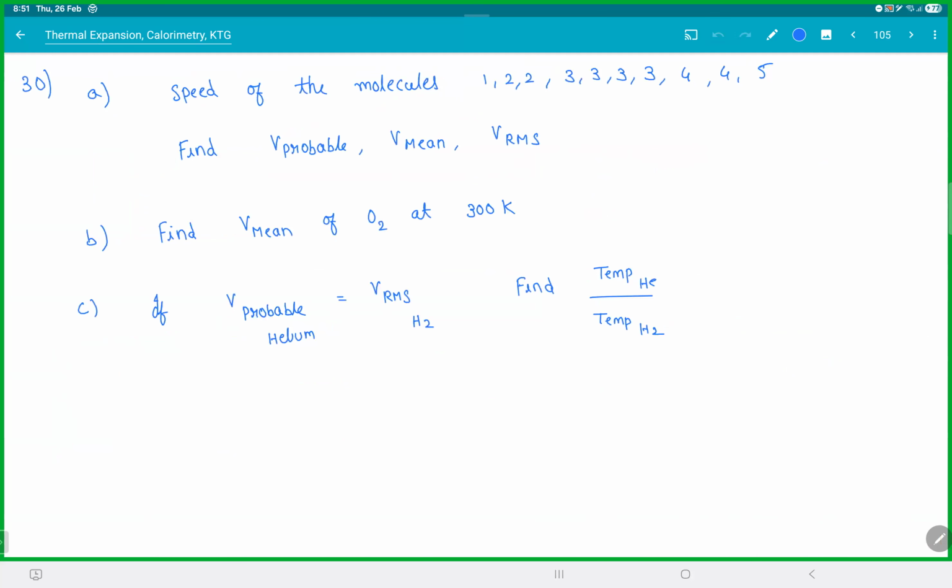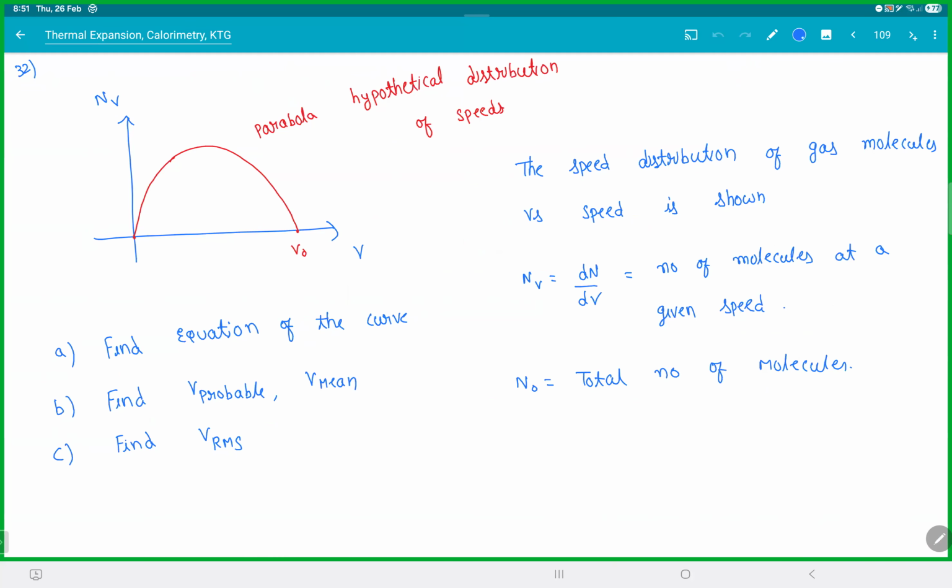In case you forgot, I'll just write it down again. VRMS, V mean and V probable you can see and tell. Get the equation, that is all pure math.